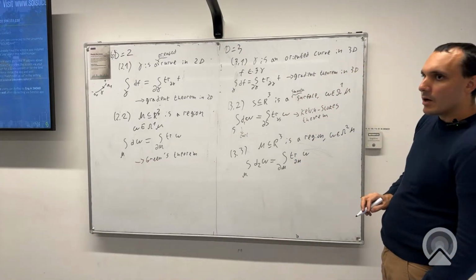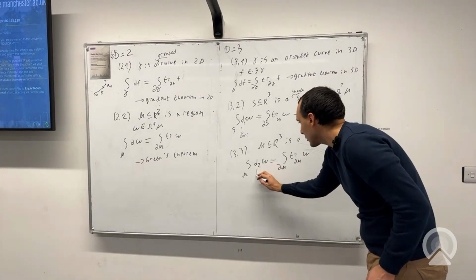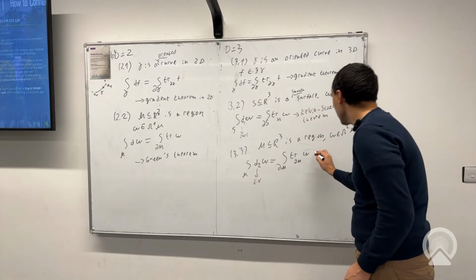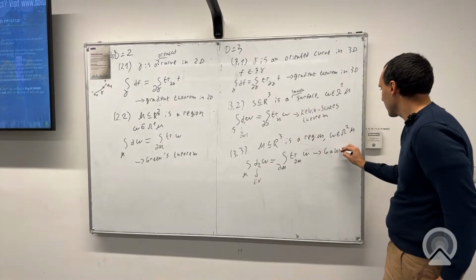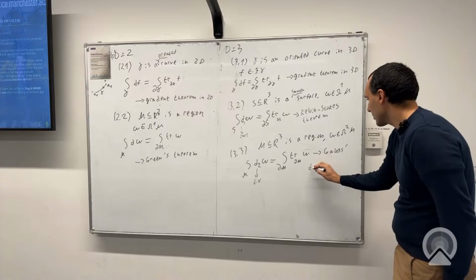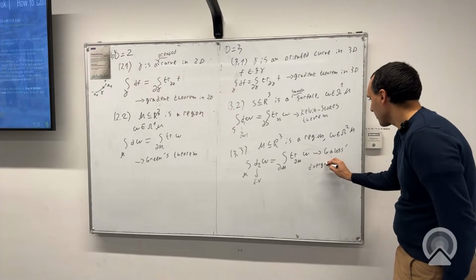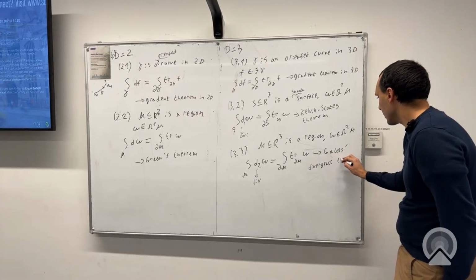And this is the Gauss divergence theorem, because this is like divergence.